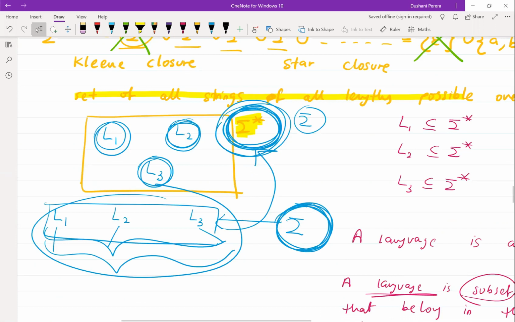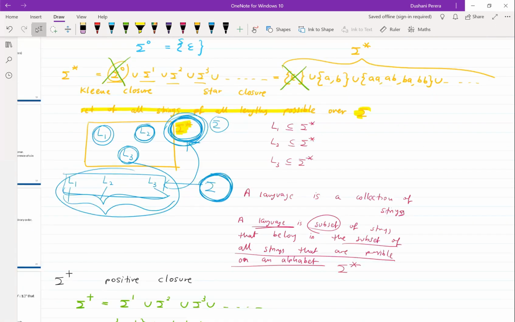We said that a language is a subset of the collection of all strings that can be formed over a particular alphabet. All strings that can be formed over an alphabet is sigma star. So the language L is a subset of sigma star, whatever the language is.